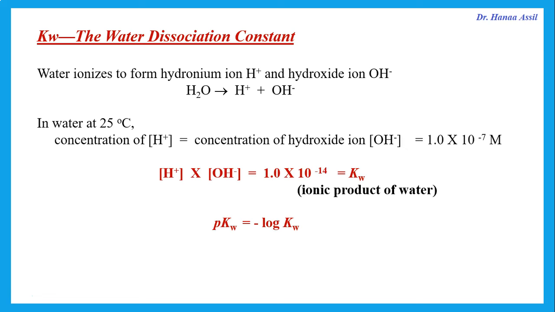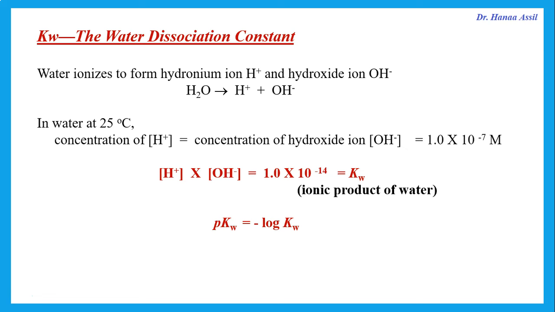This is known. And when we multiply the H+ times the OH-, that comes out to be 10 to the minus 14. This is given the name ionic product of water, or water dissociation constant, which is Kw.